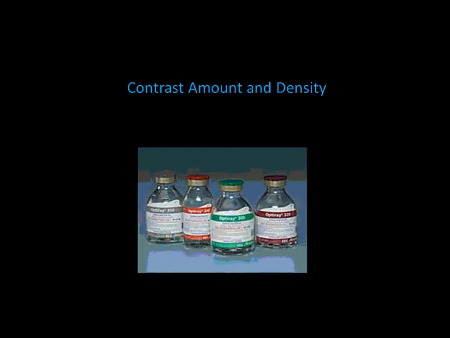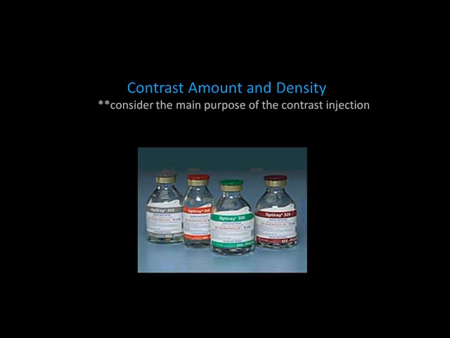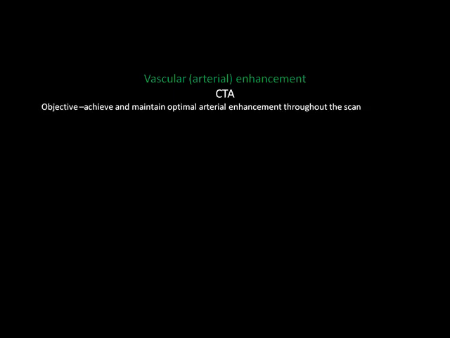So how do you pick the contrast amount and density? Well, most of the time the tech does not determine this. The radiologist does. But it helps to understand how that's chosen. They consider the main purpose of the contrast injection. Is it something vascular, like a CTA? Then the objective is to achieve and maintain optimal artery enhancement throughout the scan.